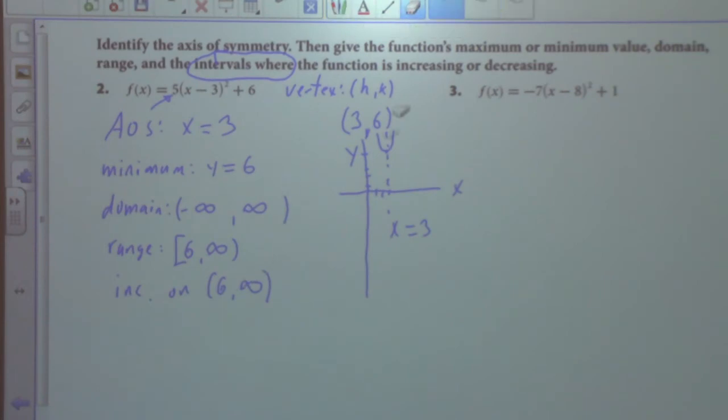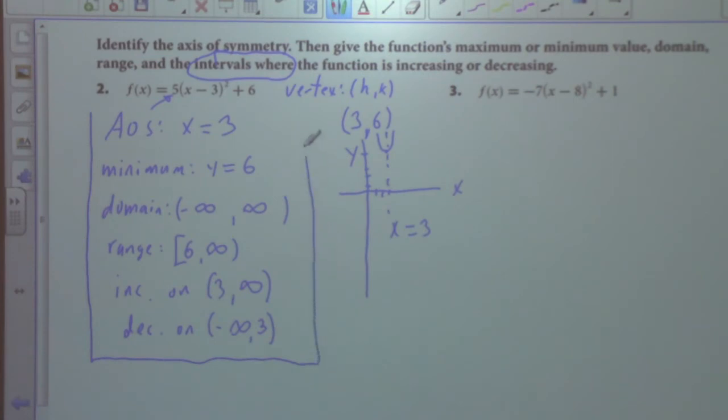So increasing, 3, and decreasing on what interval? Infinity, 3. And so these will be our answers for number 2.